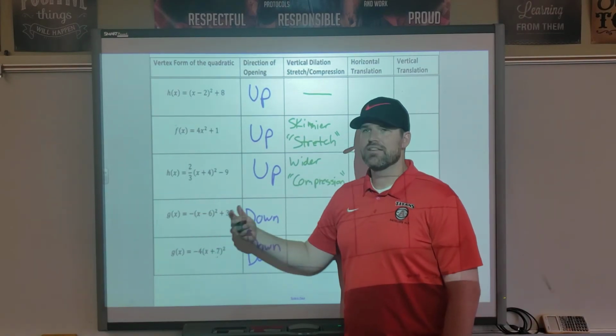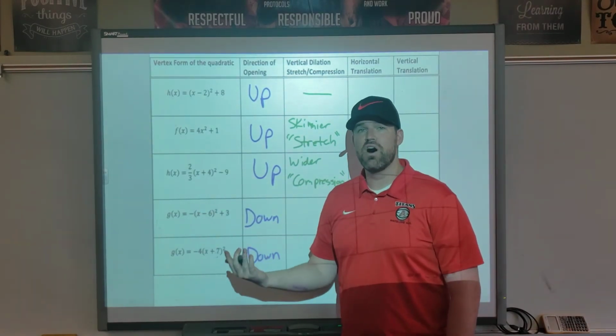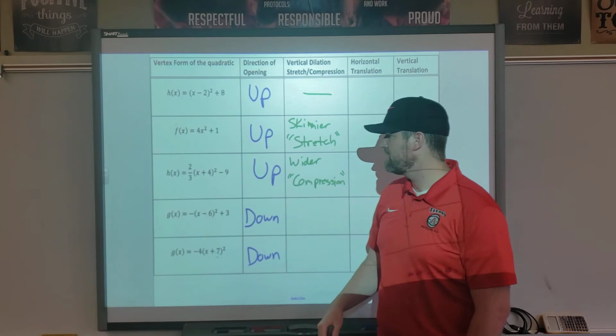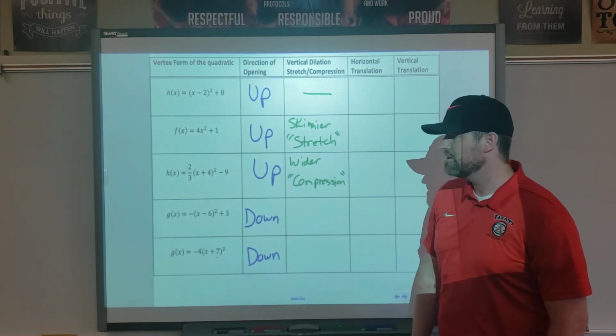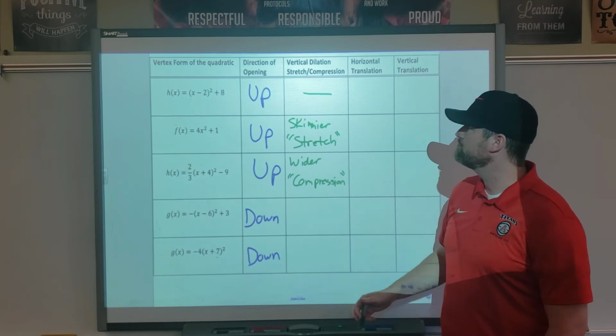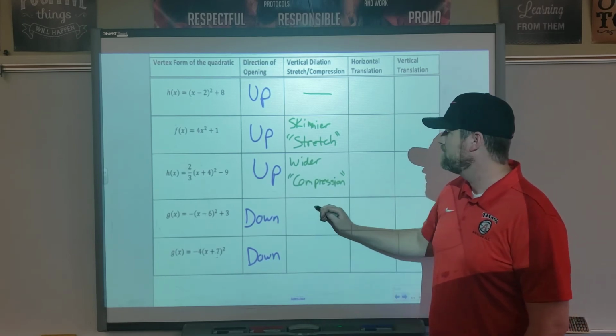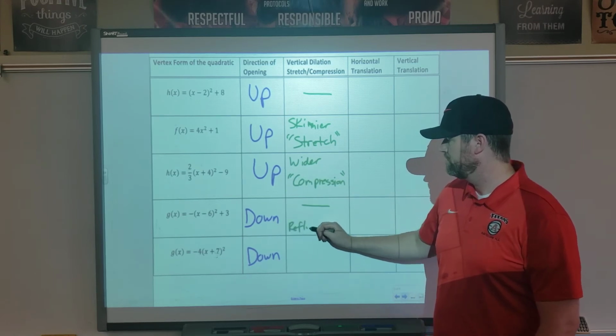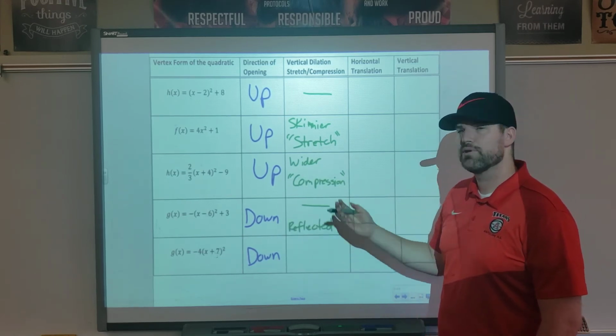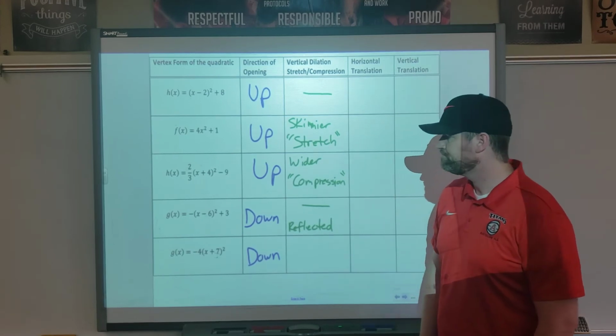So again, it's the same as the parent function. It's a 1, right? It's just negative, so it's going to be upside down. But because there's no number other than -1, it's not going to be a stretch or a compression. But we can make a side note that it will be reflected, right? Because it's going to be reflected up and down.